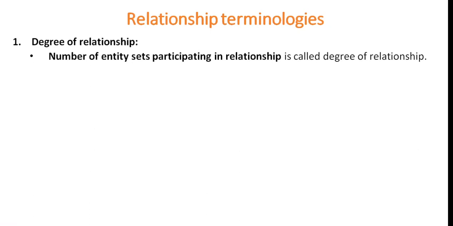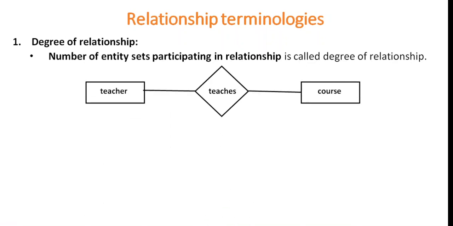Degree means the number of entities participating in a relationship, and it is called the degree of the relationship. For example, if two entities, teacher and course, are participating in one relationship, and teaches is the relationship between these two entities, that is, a teacher is teaching some course or a course is taught by some teacher.